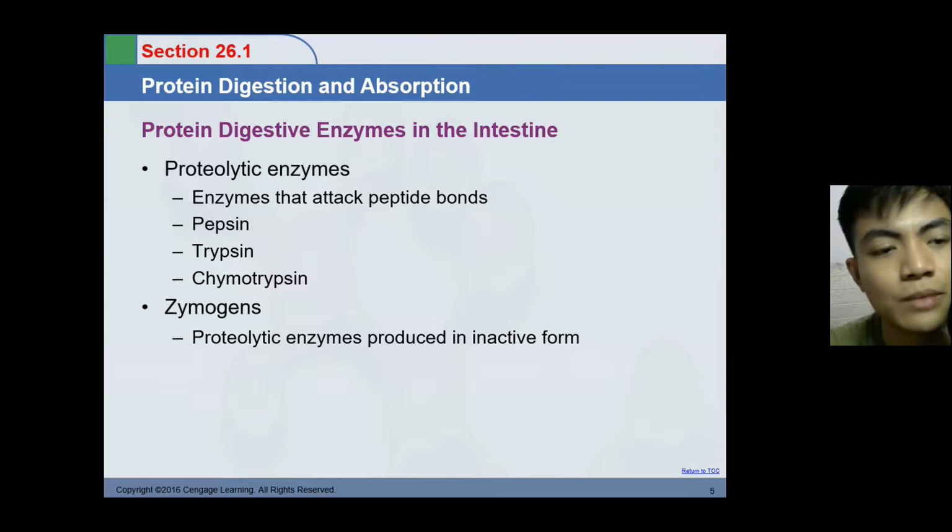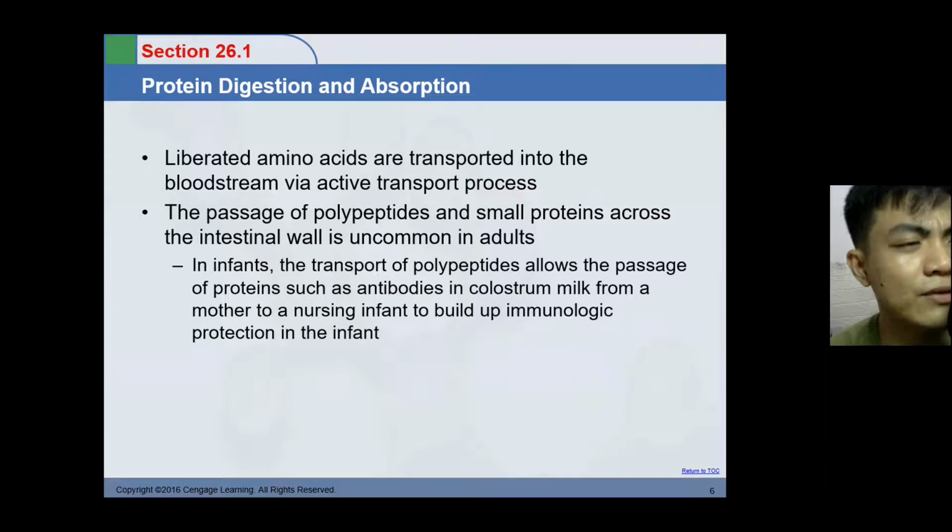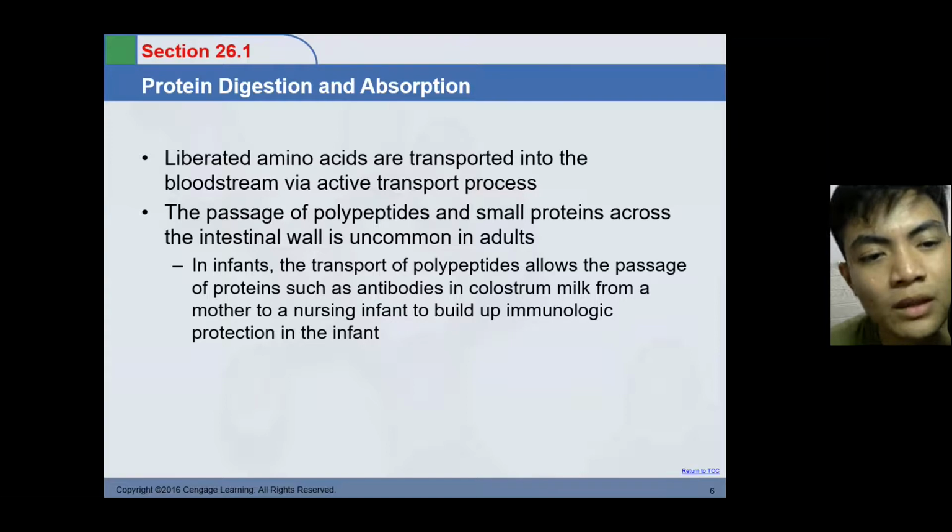Once we have an individual amino acid, doon na sila na-transport through our bloodstream. Papasok na sila into our intestinal linings and then eventually into our bloodstream. Pag yan ay nakapasok na sa bloodstream, it will be transported to different cells in the body for further processing.